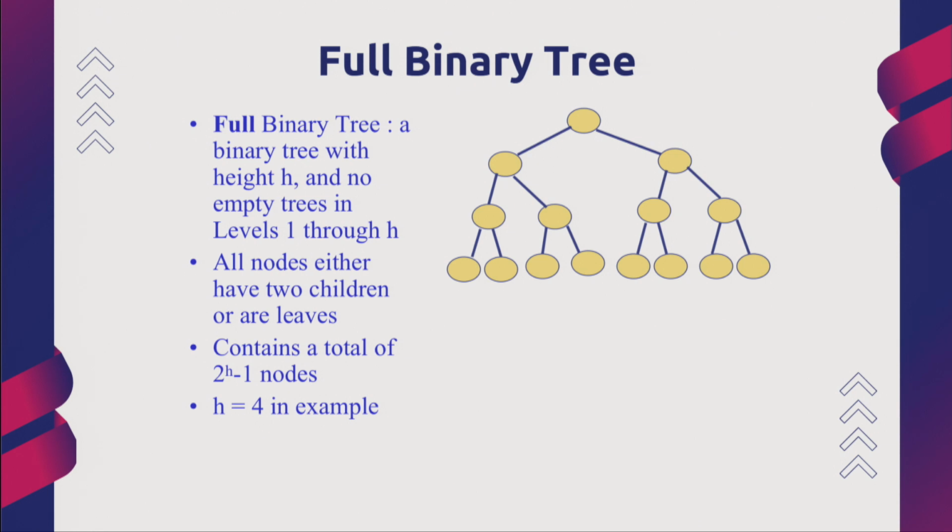Here you could see that all the leaf nodes are at the same level. Those two conditions hold, and so we say this is a full binary tree. A full binary tree will always contain 2 power h minus 1 nodes. In this case, the height of the tree is 4, and you could check that the tree contains exactly 2 power h minus 1 nodes.